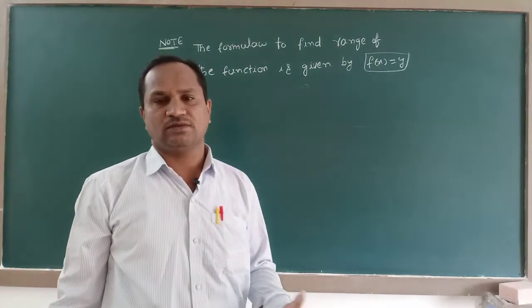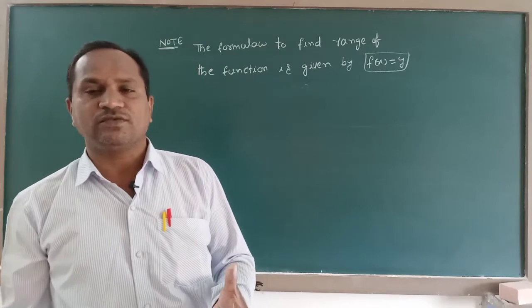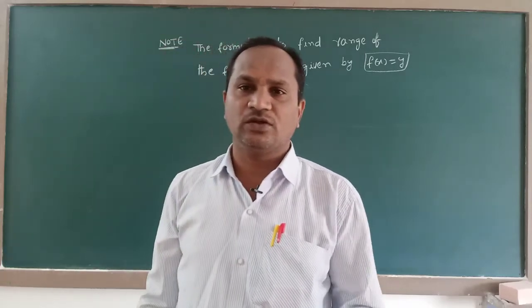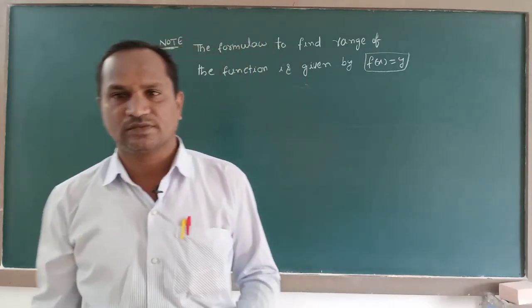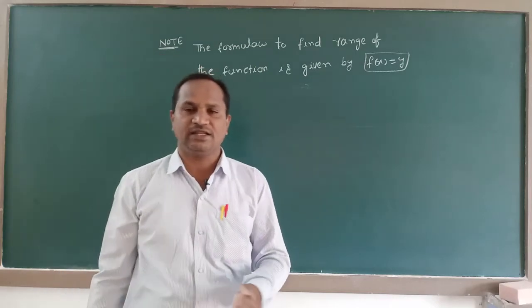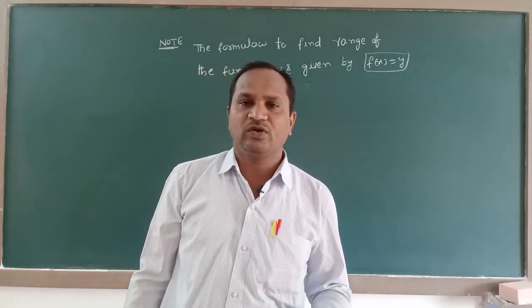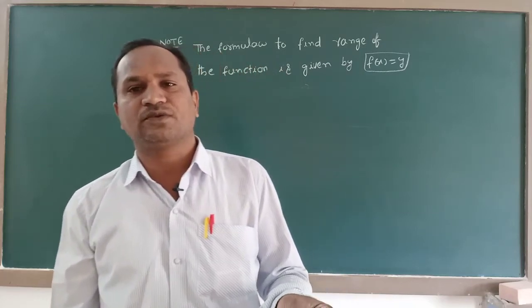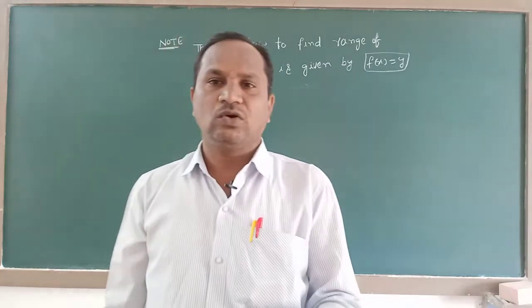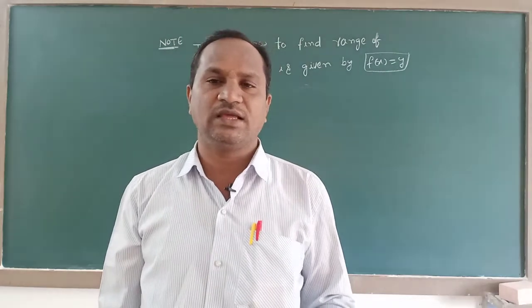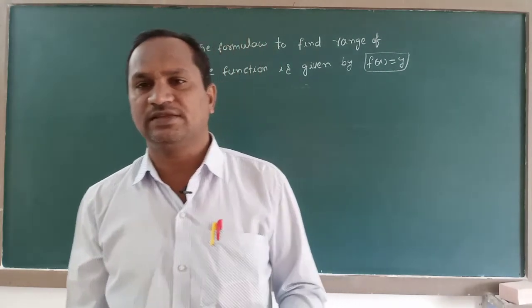Domain is for all x. Whichever values you get for a variable, those values are the domain. And codomain is the second set. We have already discussed codomain also. Let A and B be two non-empty sets, then f maps from A to B, a function, and the whole set B is called the codomain. I have already told this. It is very easy.